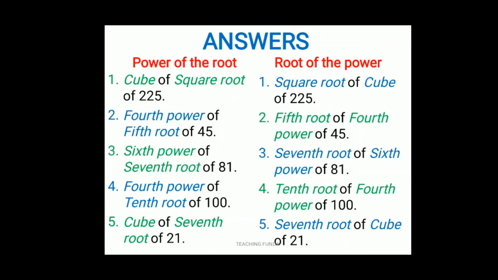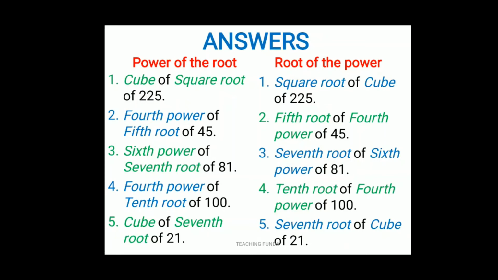The number in the power place is the one you start the answer from. In the root column, the number in the root place is 5. Already I told you, denominator is the root and numerator is the power. So fifth root of fourth power of 45. It is very easy, student.